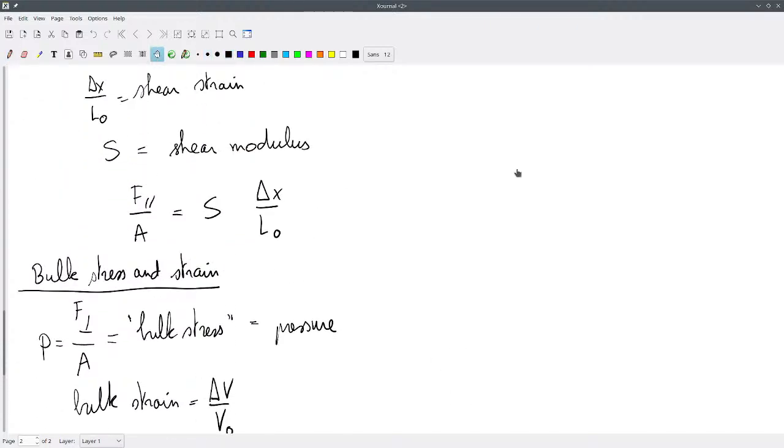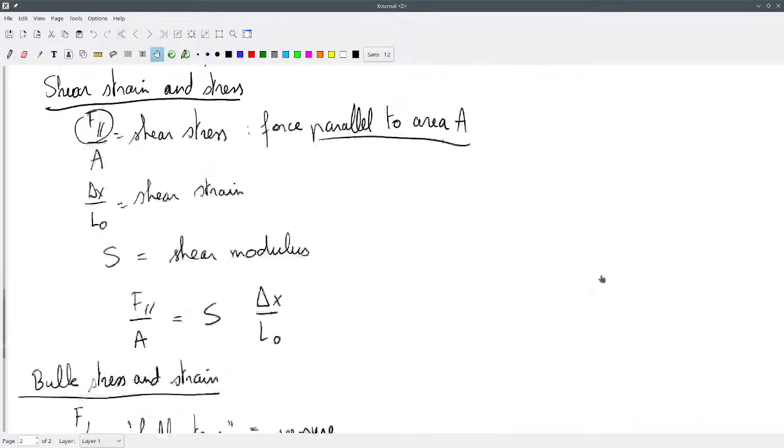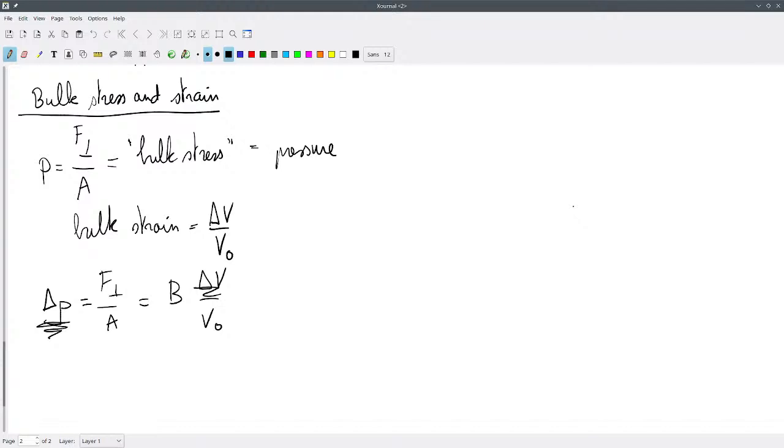This is in contrast to, for example, compressive stress and strain. So in this case, you could actually think of this force not being there. And if there's no force, then you have an original length. But in the case of pressure, we're going to think of this as the change in pressure.